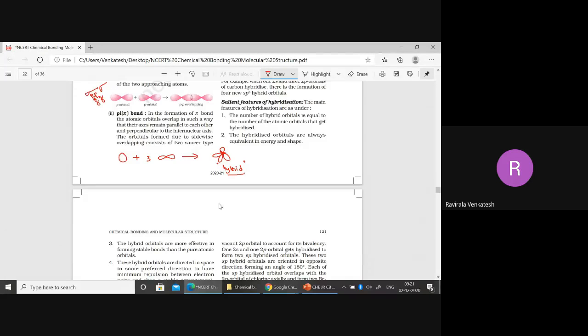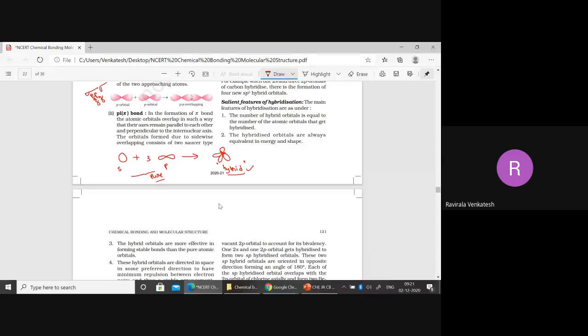When pure atomic orbitals mix together, merge with each other, they give hybrid orbitals. Now, what are the conditions for the formation of hybrid orbitals?